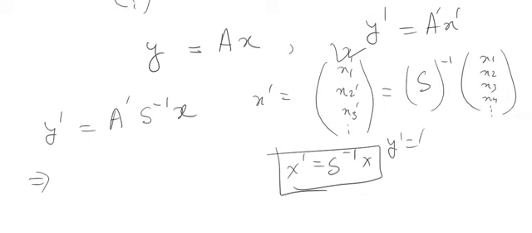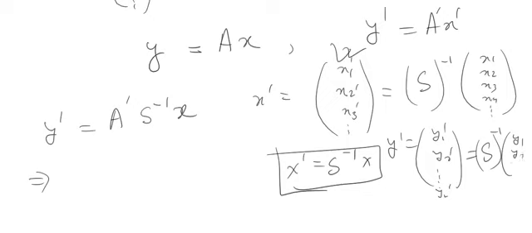That is, y prime will be y1 prime, y2 prime, and so on up to yn prime, which will be related with some S matrix, sorry, S inverse 1 and y1, y2, y3 and so on. So here you will have S inverse 1 y in this equation.